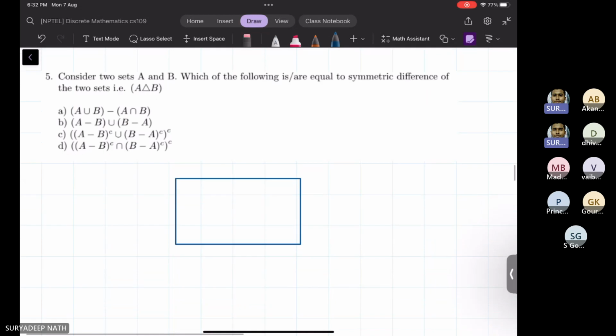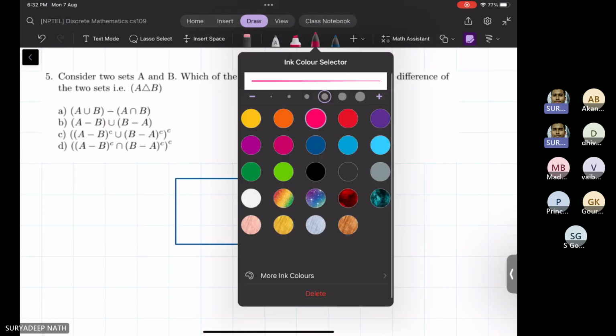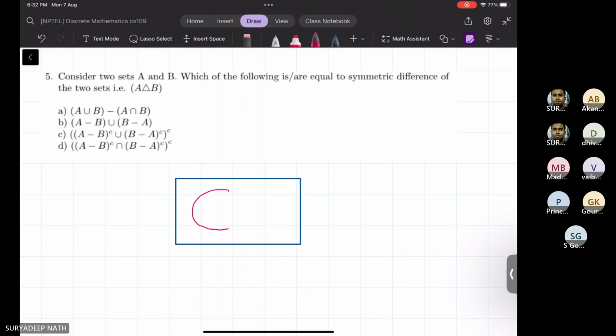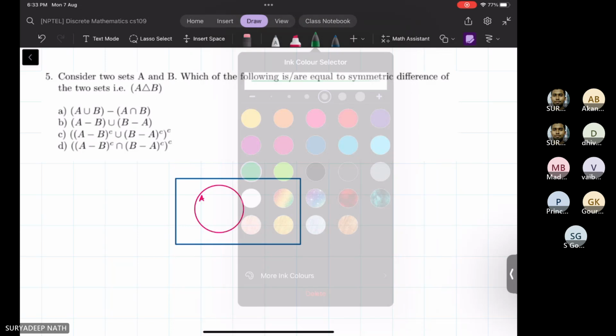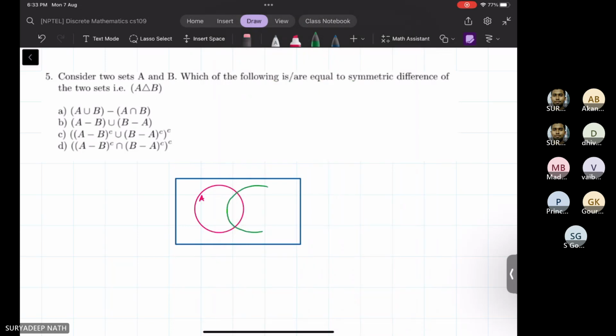This is the universe, and in the universe you have two sets A and B. Symmetric difference is the region that is contained exclusively in A or exclusively in B, but not in both.